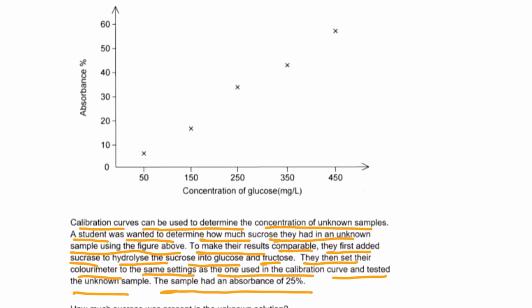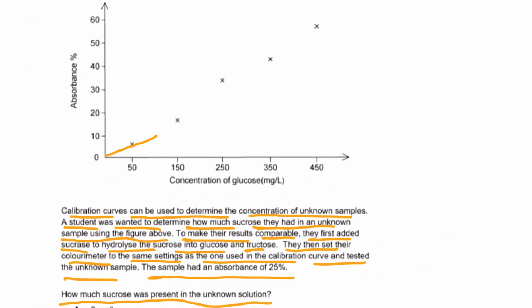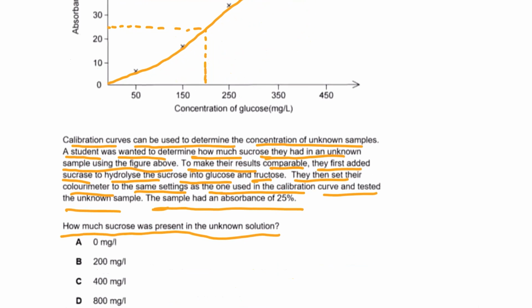So guys, if we see the calibration curve, so this is a calibration curve, and at 25% absorbance, there is how much concentration of glucose? This is 200 milligrams per deciliter, right?